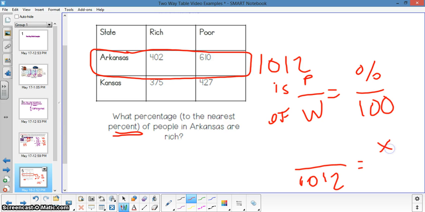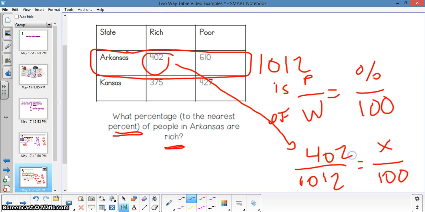I'm looking for percent, so I'm putting an X there. Always over 100, it's 100%, the maximum amount. And then the part that I'm looking for, well, I'm looking for rich, so that is the part that goes there, 402. And now I have a proportion that I can solve by cross multiplying, butterfly, if you will.